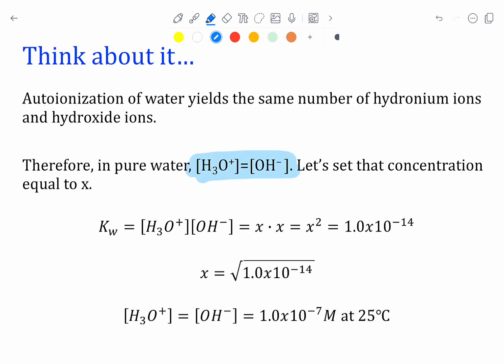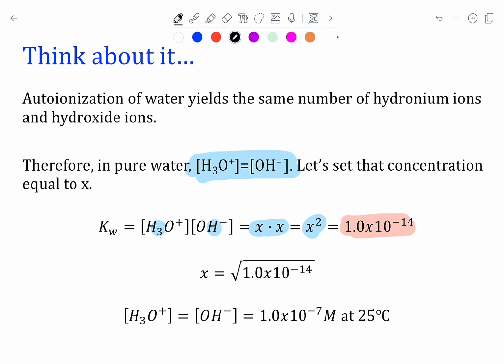If we put that into our Kw expression, we know that the H3O+ and OH- concentrations are equal to each other. Let's just set that concentration equal to X. That gives us X times X, which can be written as X squared. X squared is equal to Kw, and we know Kw is 1 times 10 to the minus 14 at 25 degrees Celsius.